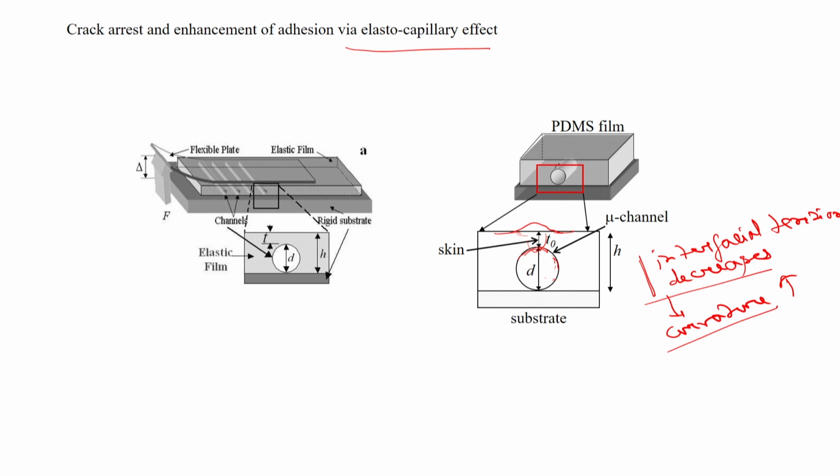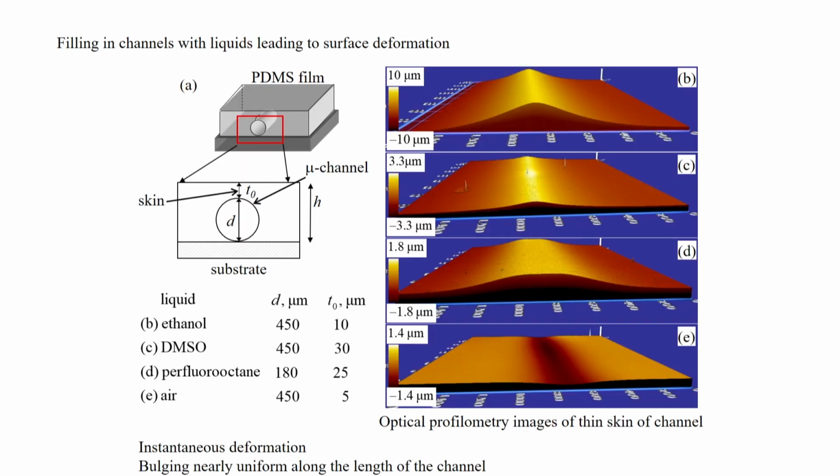So what is the effect? The effect is something like this. Let us say you have ethanol, and ethanol wets this surface material called PDMS, polydimethylsiloxane. This is the diameter of this channel, 450 micron, and T0 is the skin thickness. You put ethanol inside this channel, then ethanol can wet the surface of this material, which is a highly wettable material actually.